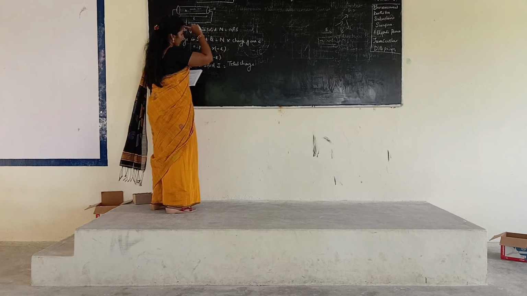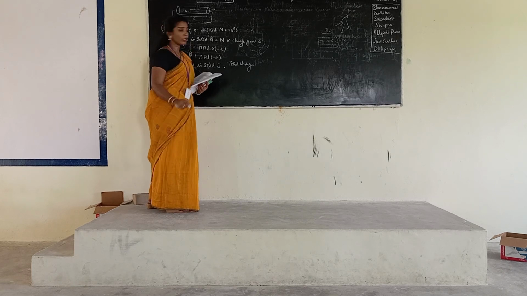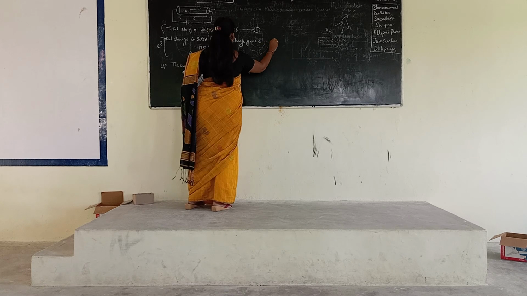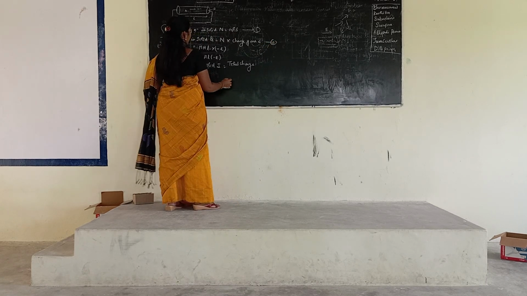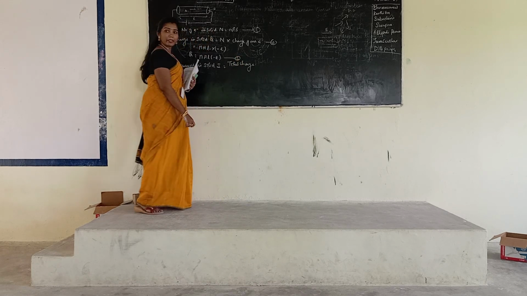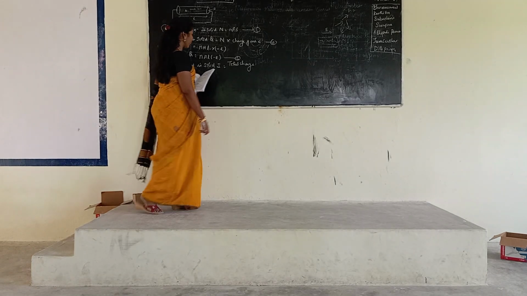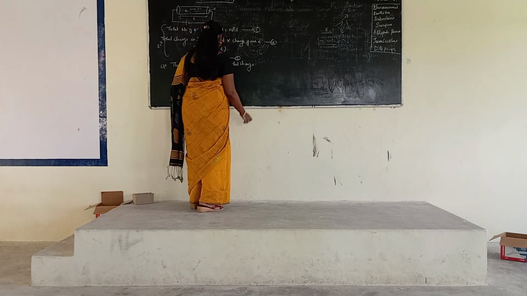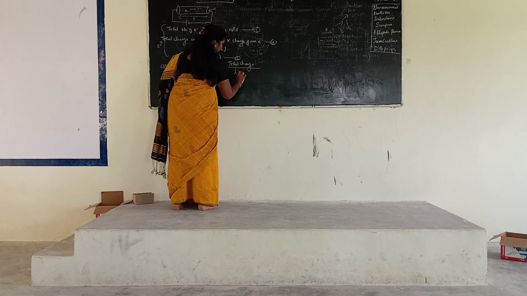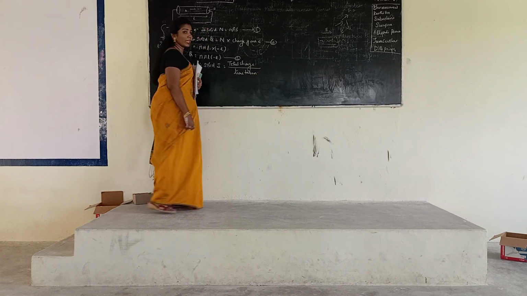Write this down here. This is the first equation, this one is the second, and this one is the third equation. Divided by the time taken for the motion of the charges.